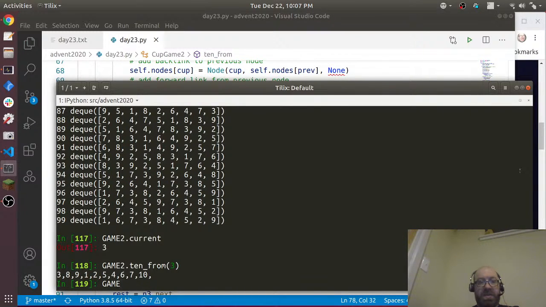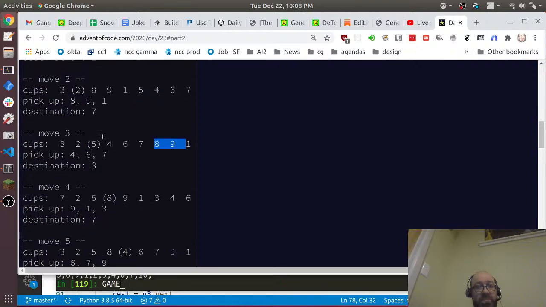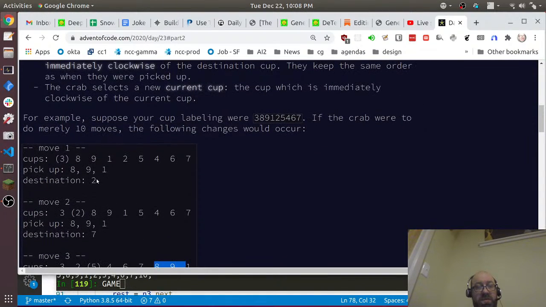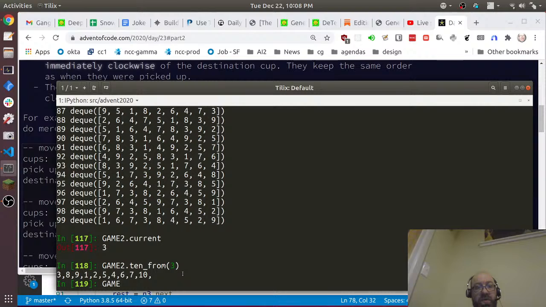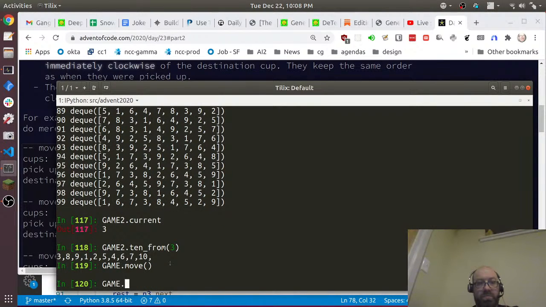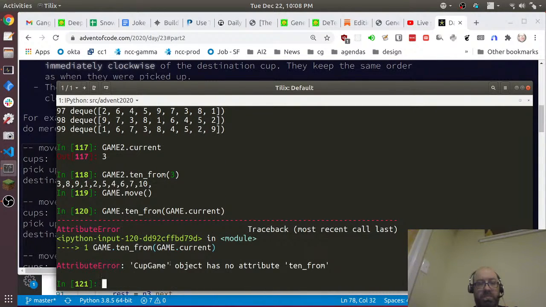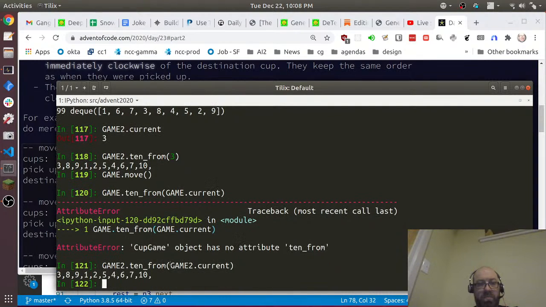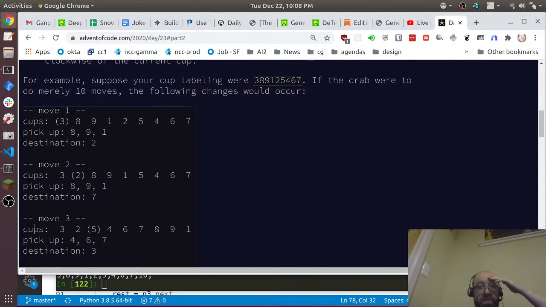And so I'll take 891, move them after. Destination is 2. I'll take 891 and move them after 2. Now it does.